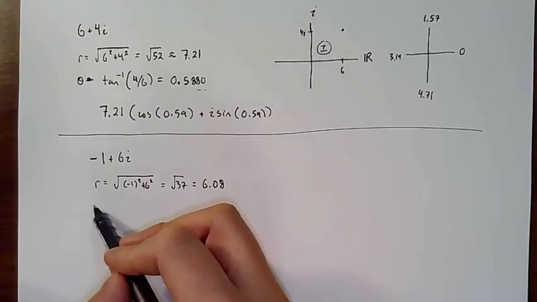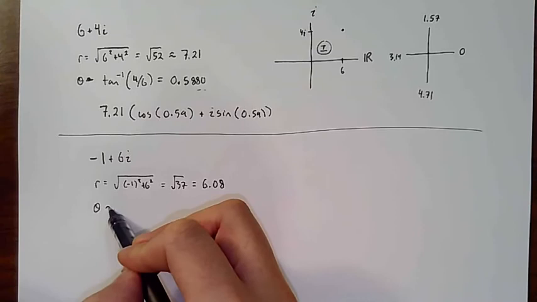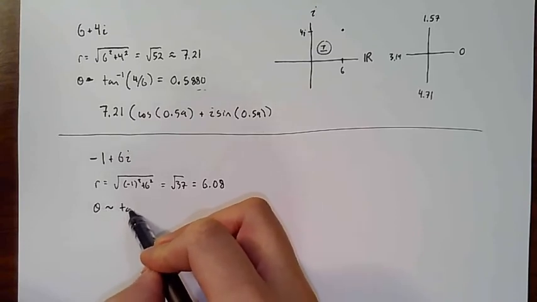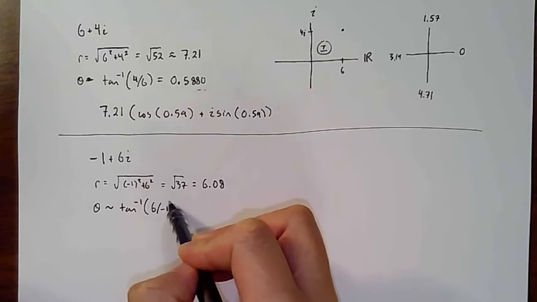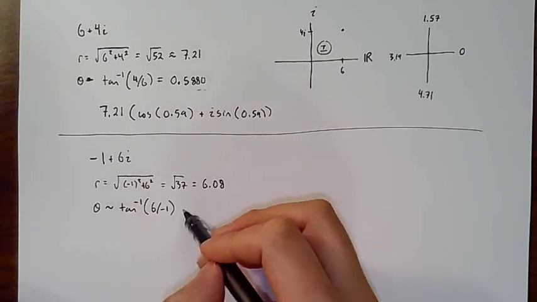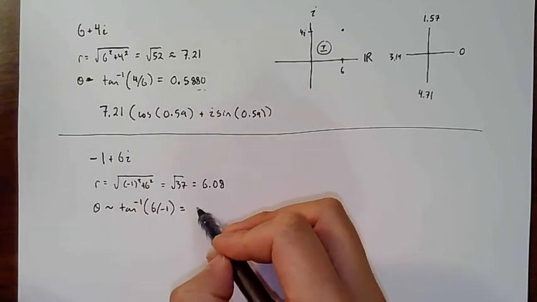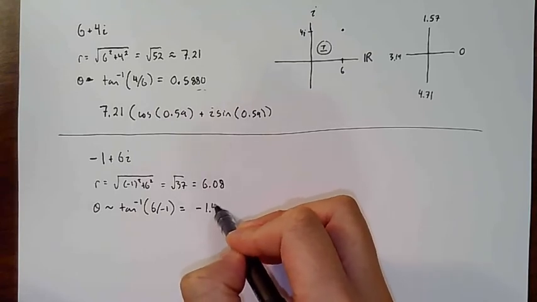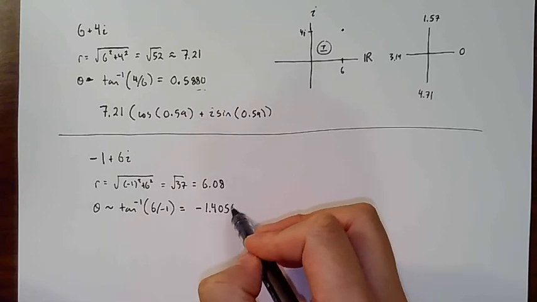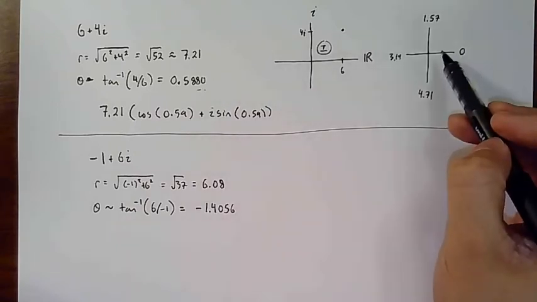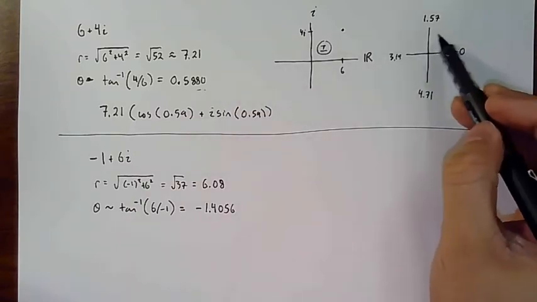Okay, and now we need to find our theta. So our theta is going to be something like tan inverse of 6 over -1. When we type that into our calculator, we get -1.4056. Now, if we look at this, that is not in this range.